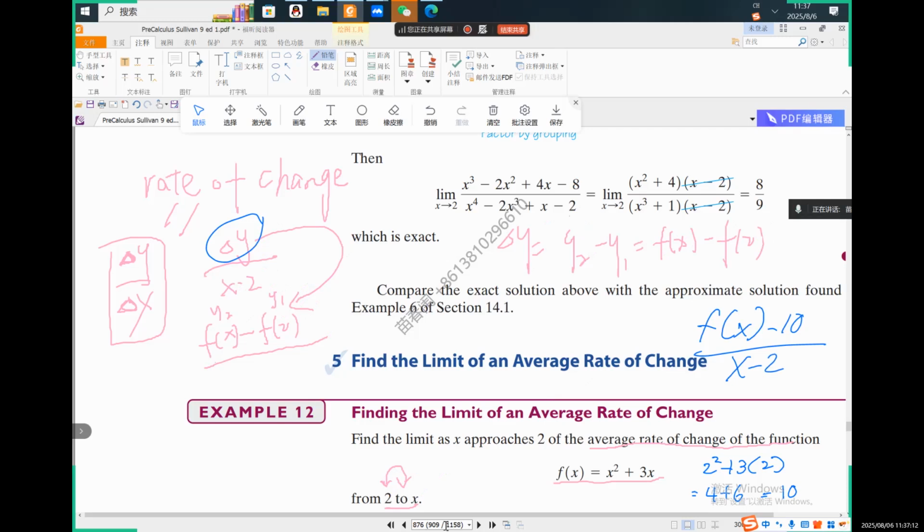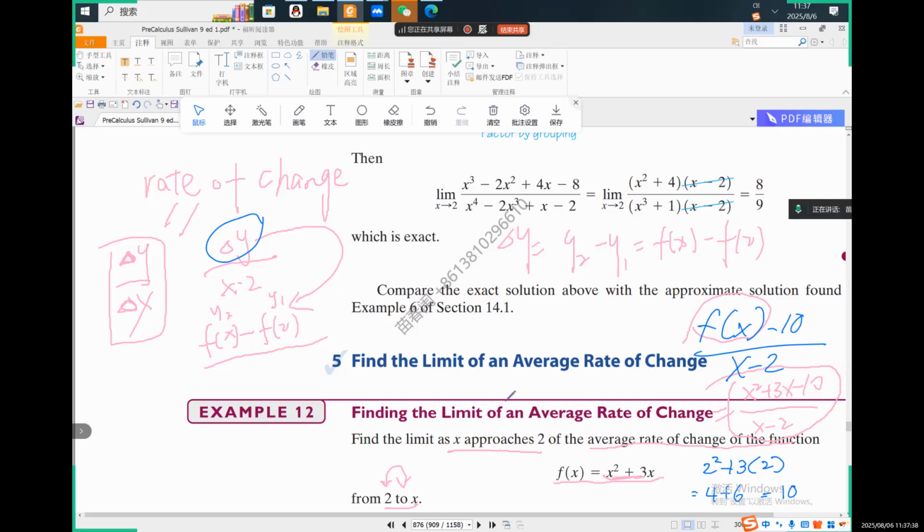Do we have any more homework? We have finished this a little because f(x) is still here. But there is an expression for it, so I can substitute x squared plus 3x minus 10 over x minus 2. How do we find the limit when x approaches 2?